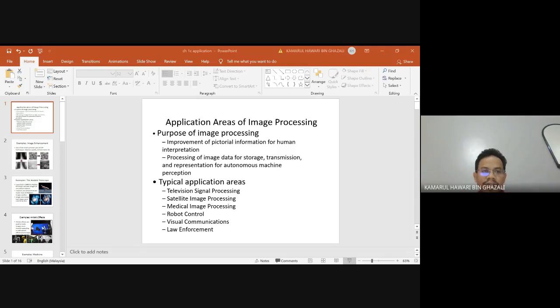But before that, let's see what is the purpose of image processing. The general purpose of image processing can be divided into improvement of pictorial information for human interpretation, and processing of image data for storage, transmission, and representation.